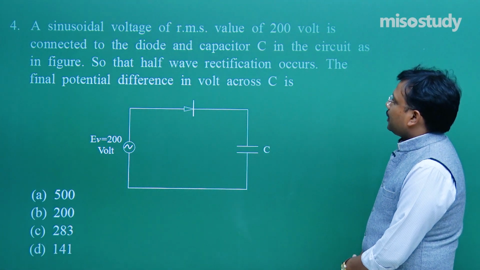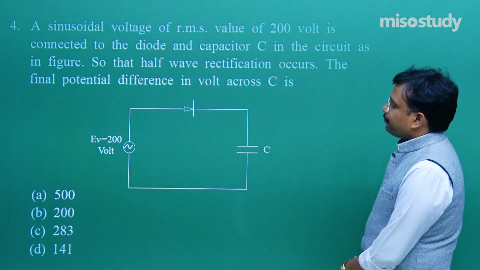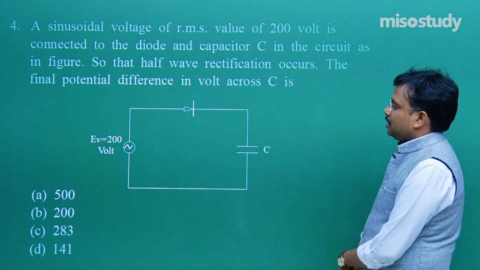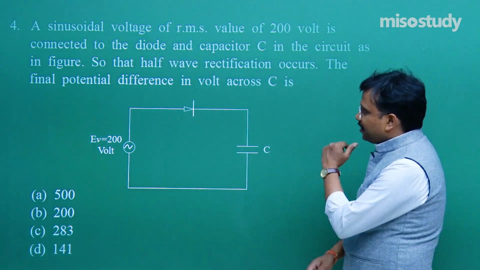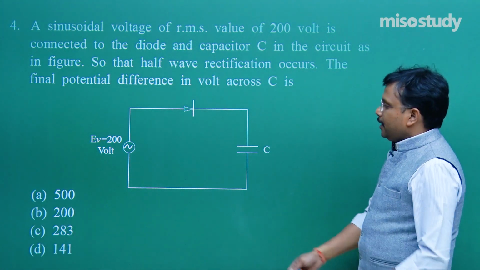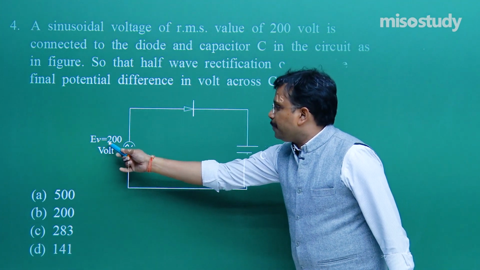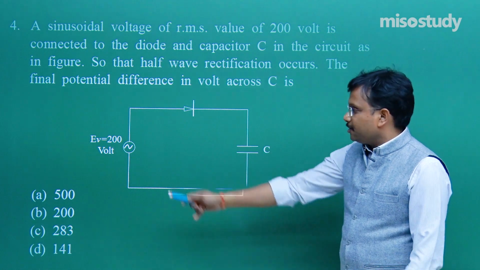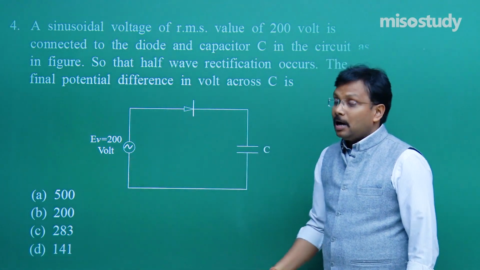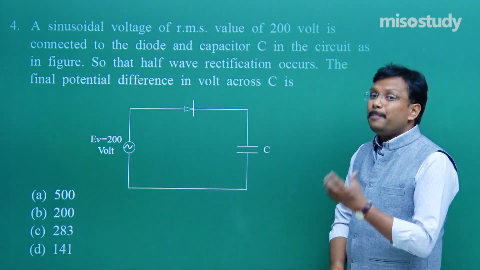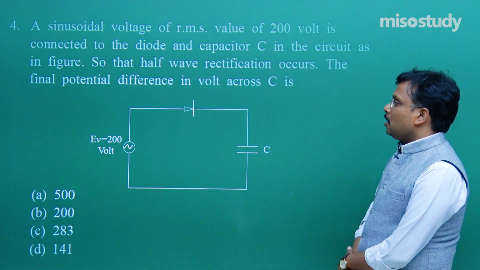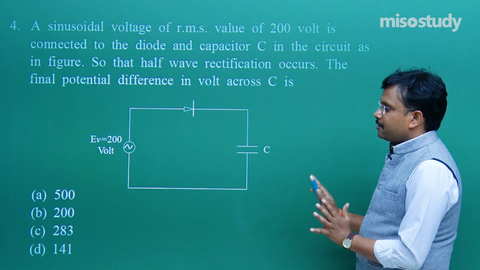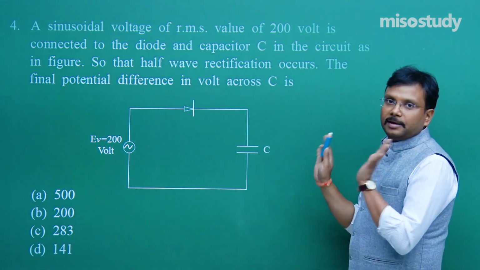The final potential difference in volt across C is how much? Here the RMS value is 200 and you are supposed to find out the peak value. A simple formula is required here, nothing else.